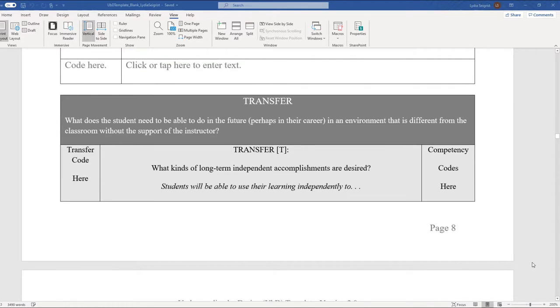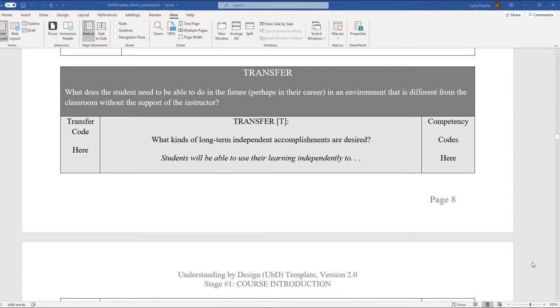Transfer is what you want the students to be able to take with them in the future. What does the student need to be able to do in the future? Is the environment different from the classroom that you're teaching now? So you're going to want to look at, if say I was using Ohio Department of Education and I was a 5th grade teacher, I would maybe want to look at those competencies and standards for 6th and 7th grade.